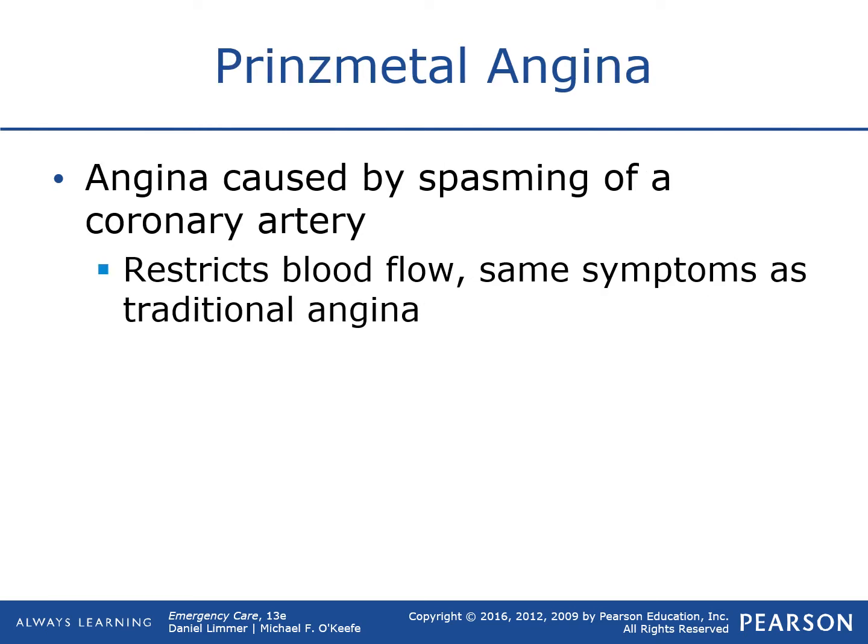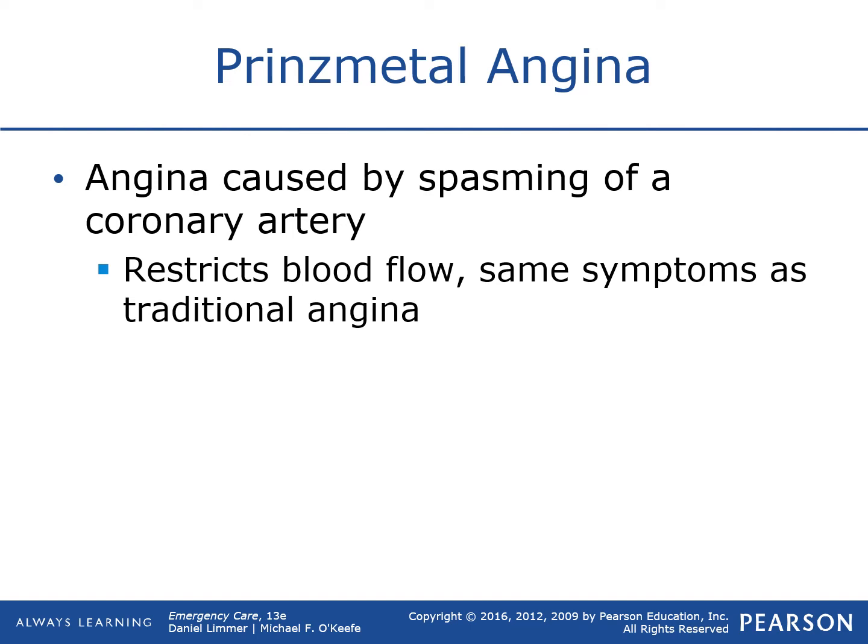We also have a specific type of angina called Prinzmetal angina. Now, Prinzmetal angina is angina that's caused by a coronary artery spasming. So if a coronary artery spasms, it's going to constrict very heavily. If it constricts heavily because it's spasming, it's going to reduce the blood flow in the artery.